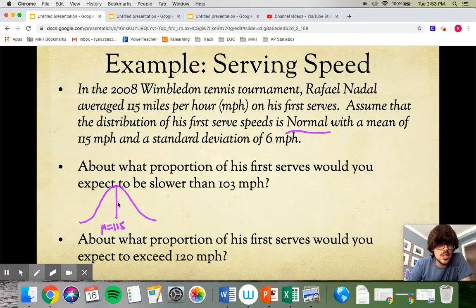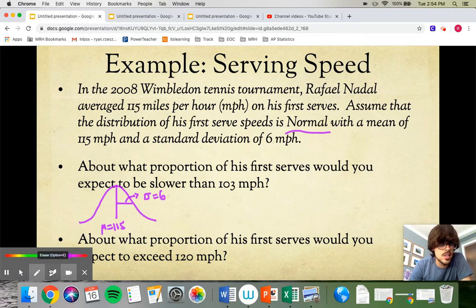The standard deviation is 6. To mark the standard deviation in the picture, I don't want to put all my tick marks like I would in a 68-95-99.7 type problem. I'm going to go from the middle to about where the inflection point is, and label that. So the standard deviation is 6 miles per hour.